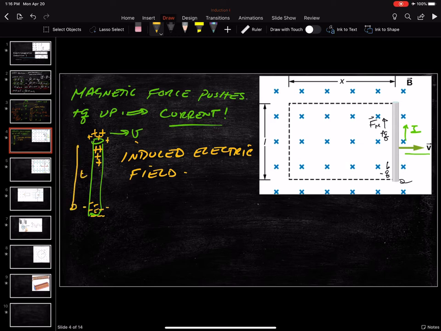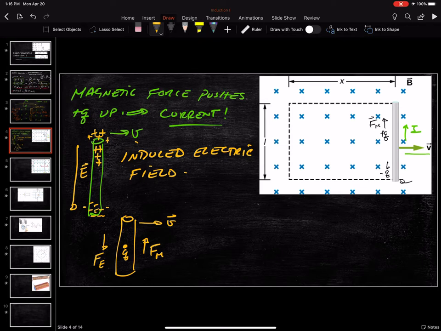So you create this electric field that points downwards. It goes from positive to negative. And so if you consider this same stick and look at some charge Q, it's got two forces acting on it as you're moving this along. It's got the magnetic force, which points up, and then it's got this new electric force, pointing down.